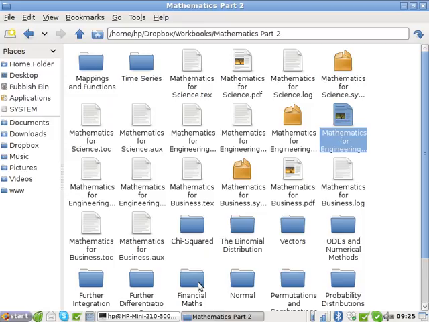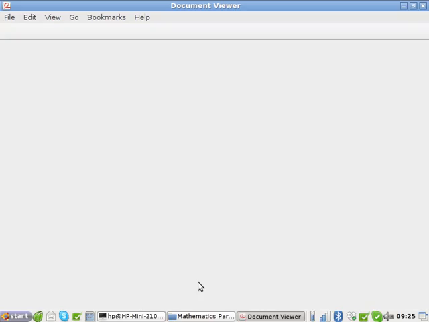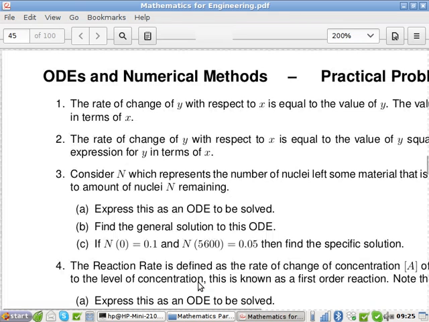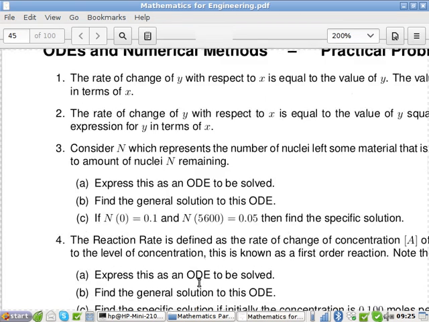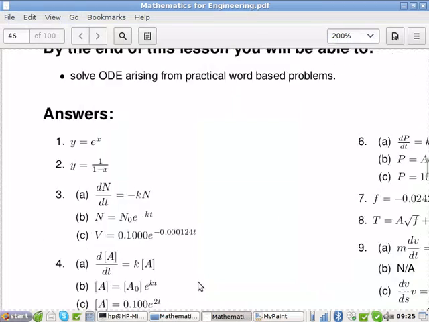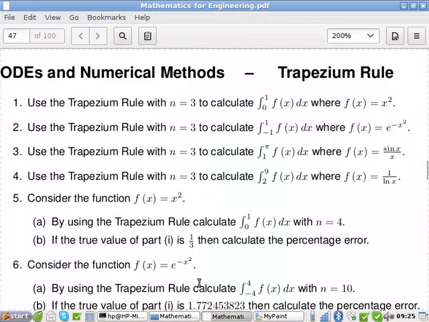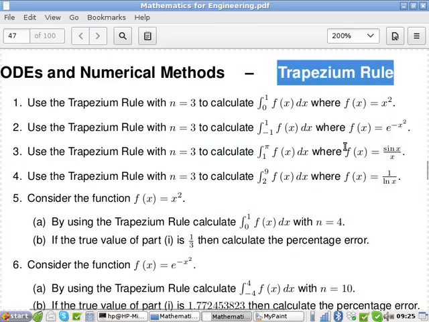There's no name. Yeah, though this is Maths for Engineering. This is the bulk of my worksheets in order. So we just did this yesterday. So the next one is Trapezium Rule. So you can write this down. That's what we're having on the set.